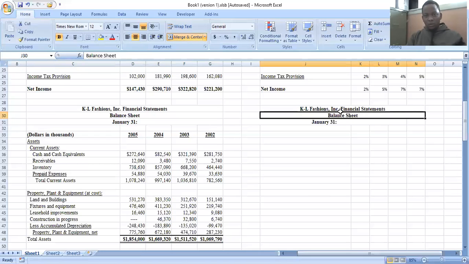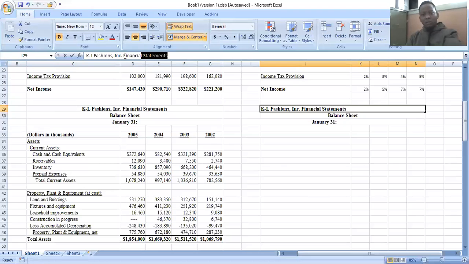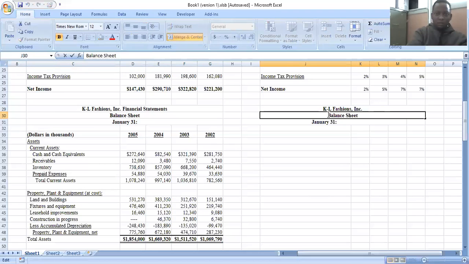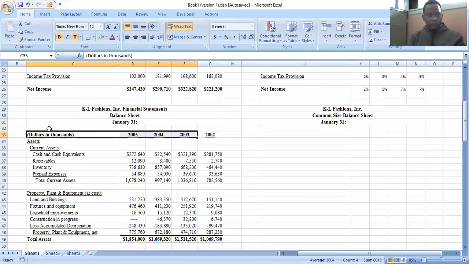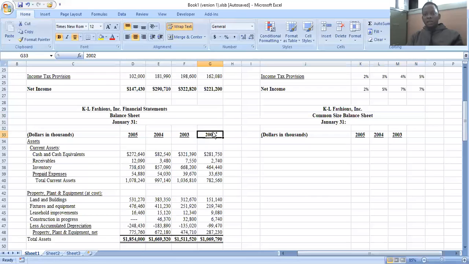So, KL Fashions, common size balance sheet. Here we express each item as a percentage of the total assets.